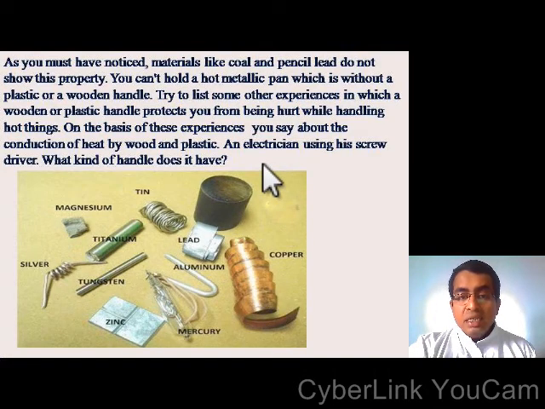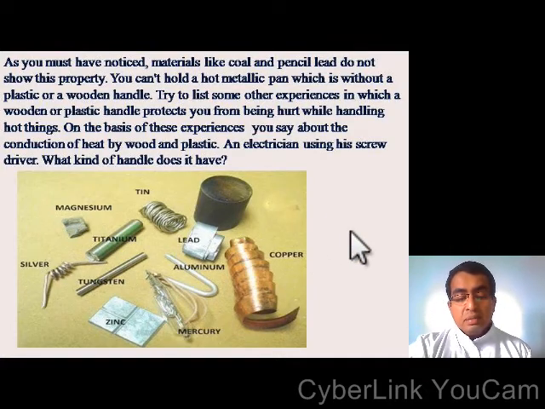They do not conduct heat and electricity. So an electrician using his screwdriver, what kind of handle does it have? Of course, it will be having plastic handle. You can see some of the examples of metals here: copper, mercury, aluminium, lead, tin, magnesium, silver, titanium, tungsten, zinc, and many more.